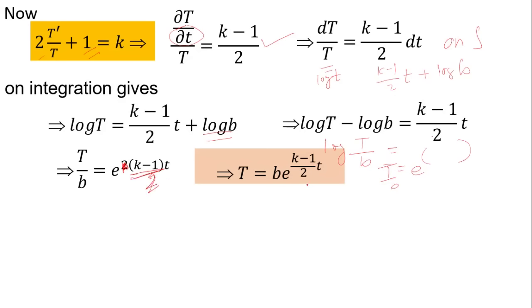Is that clear? So multiplying both sides by b, you will get t is equal to b into e to the power k minus 1 by 2 t, and this is our second solution.